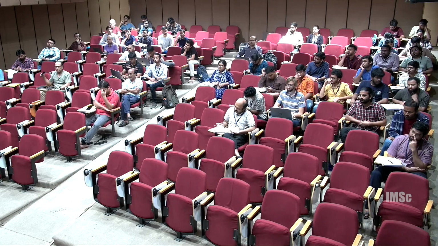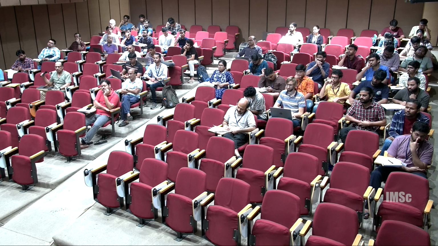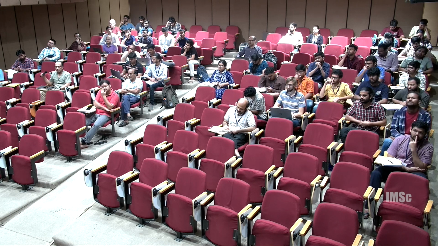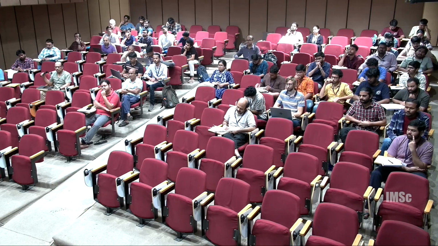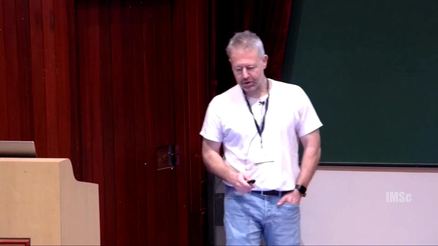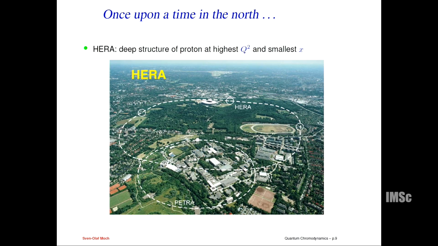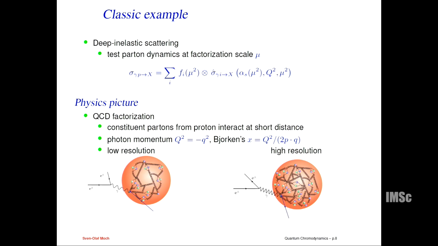So there are factorization proofs to all orders for deep inelastic scattering. I would also say for Drell-Yan, people are debating this a little bit. There are people who are a bit more picky on details of how, when you want to prove this factorization to all orders, you separate gluon exchange at all length scales, maintaining gauge invariance.